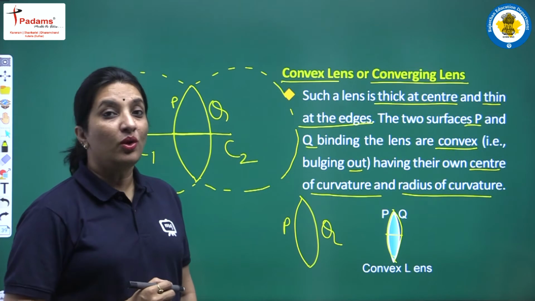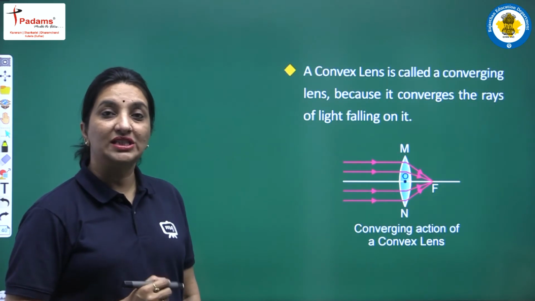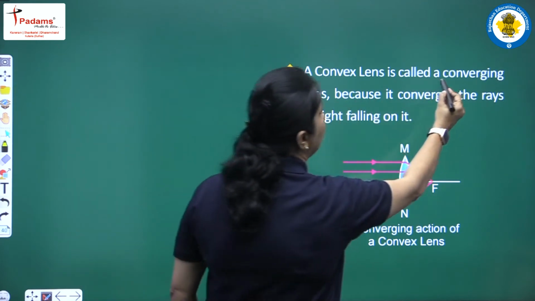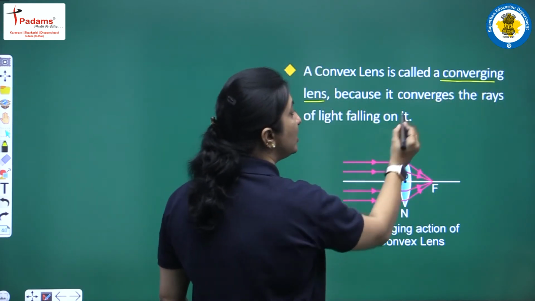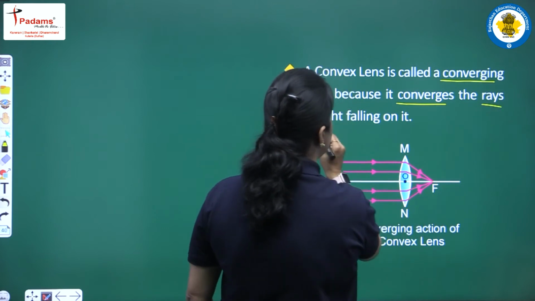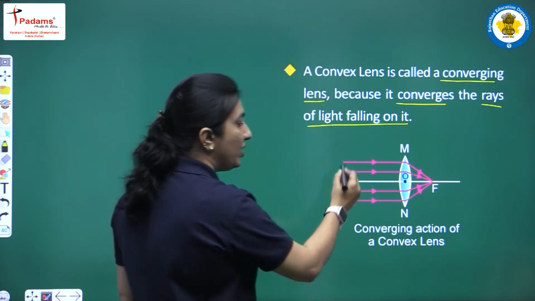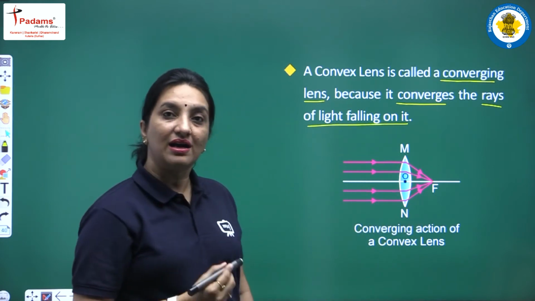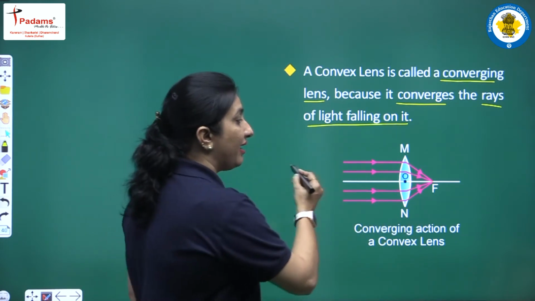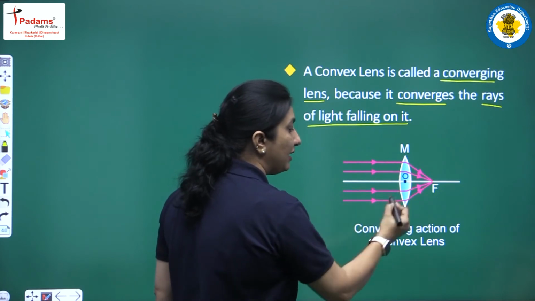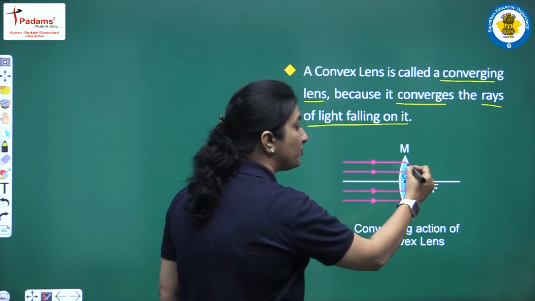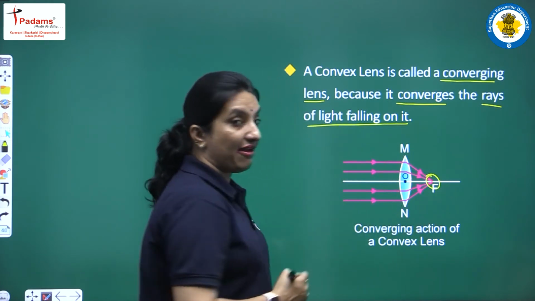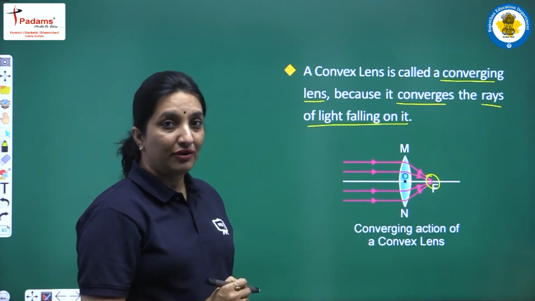Now why is a convex lens called a converging lens? A convex lens is called a converging lens because it converges the rays of light falling on it. Here MN is taken as a convex lens, and the rays of light coming parallel to the principal axis after refraction from the lens converge at F, and here F is the focus.